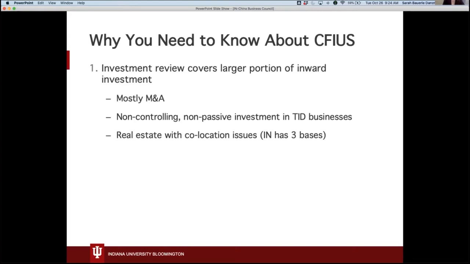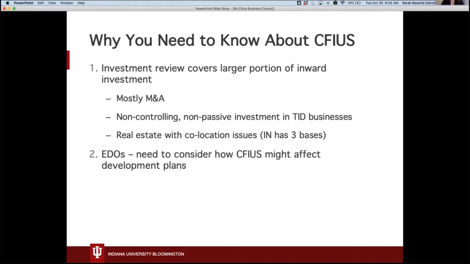CFIUS matter. The second reason why you should care about investment screening if you're an economic development organization is that you need to consider how CFIUS might affect your development plans, because it's important to understand what kinds of investments are likely to be scrutinized as you're considering what types of investments to try to attract.